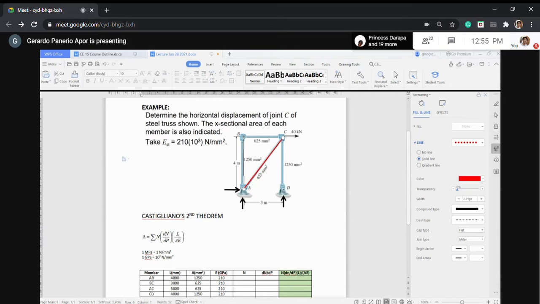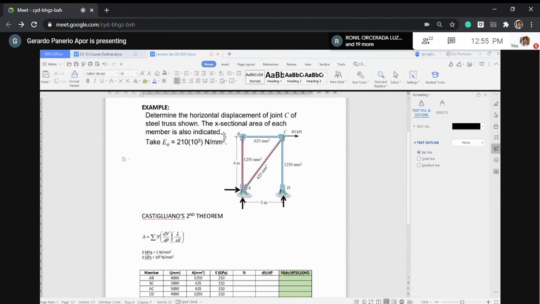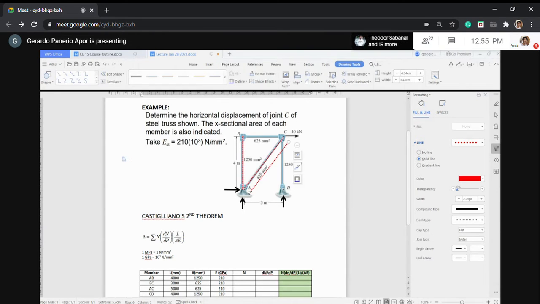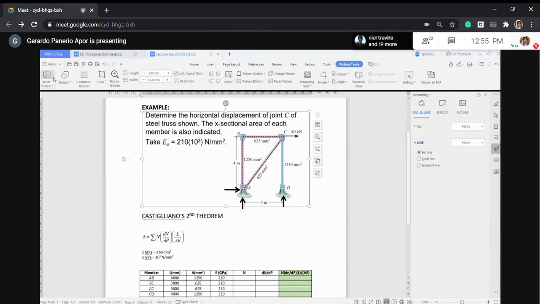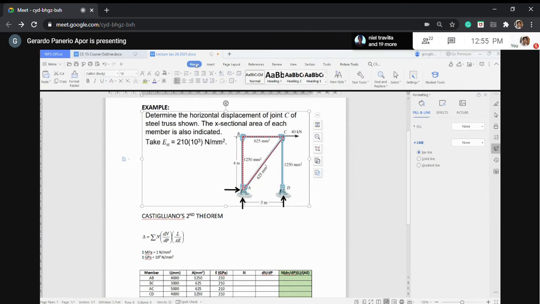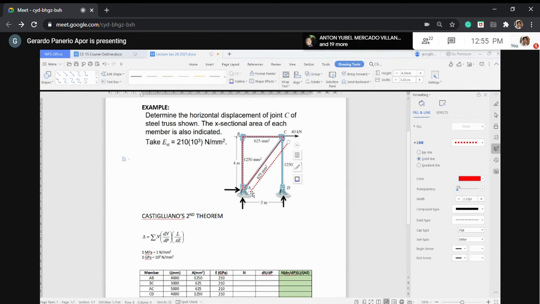That's the member BC. And paste again, I have a member. This is member BC. This one is easy. Paste again. So I have my members.